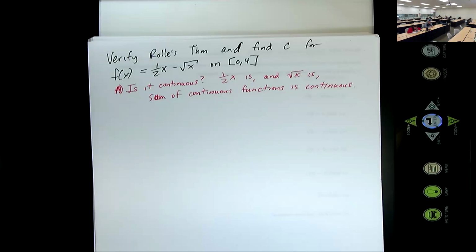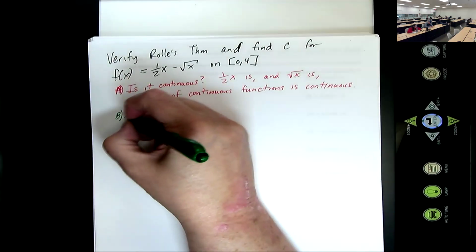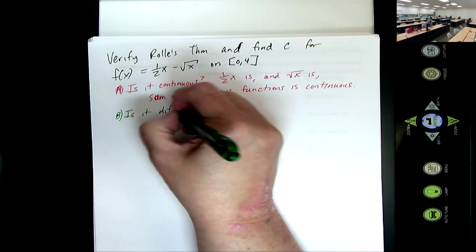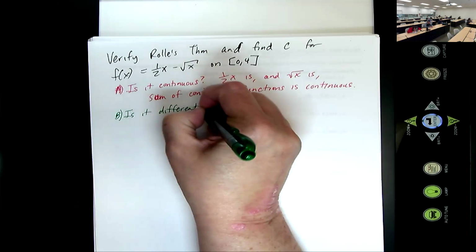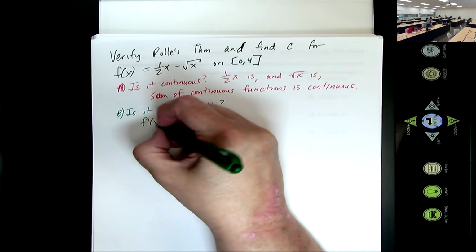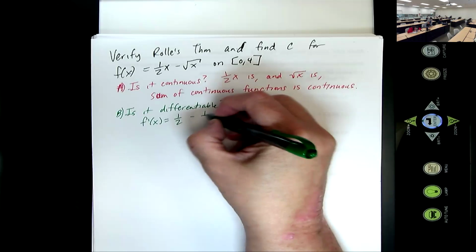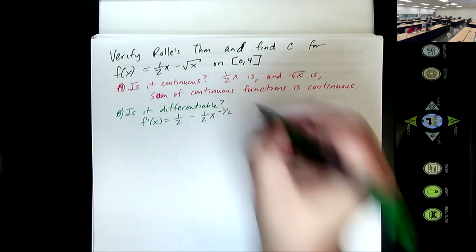So it is continuous. Is it differentiable? This is an easy one to find out, take the derivative. F prime of x equals 1/2 minus 1/2 x to the negative 1/2.